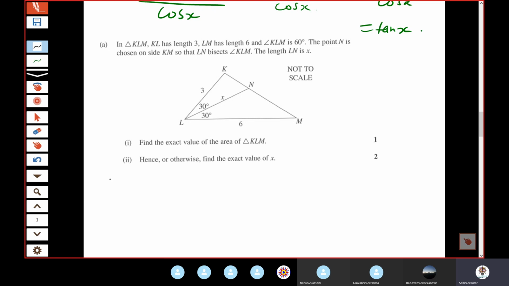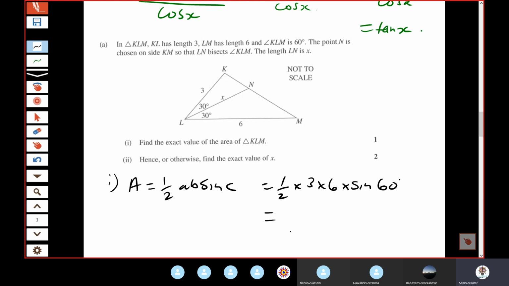Well, that's easy. How do I find the area of a triangle? Half ab sine C. What's a? 3. What's b? 6. What's C? 60 degrees, because you're using the whole triangle.